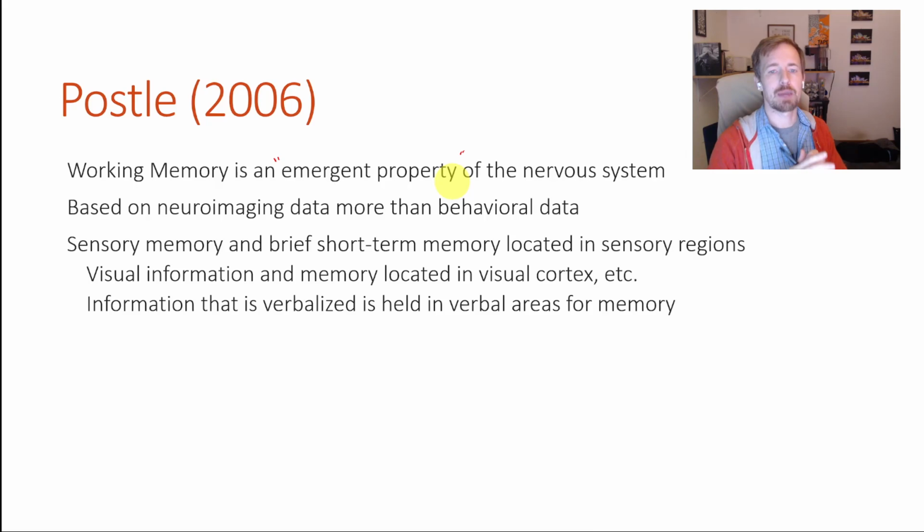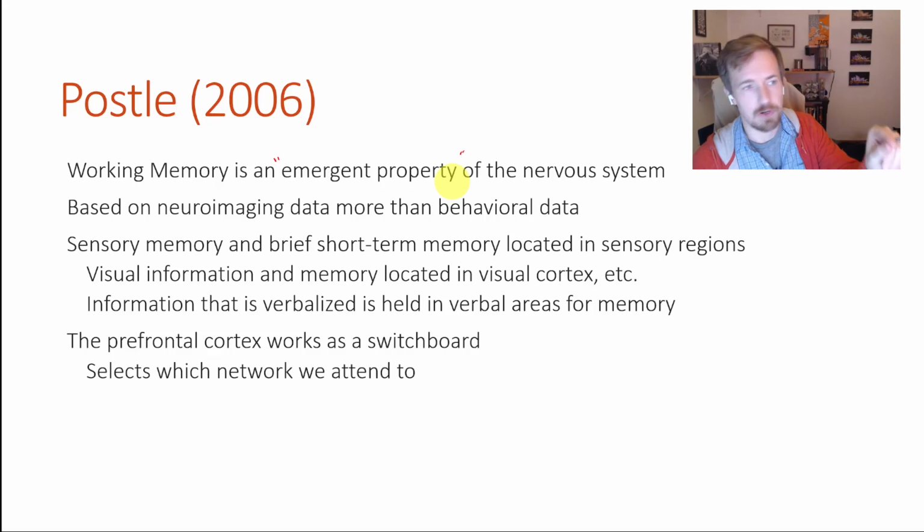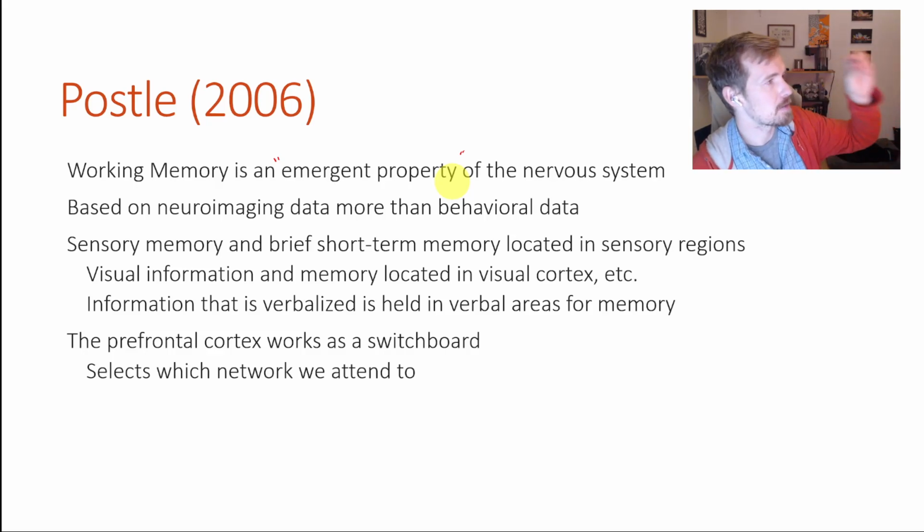So basically we have these small units all throughout the brain that store things, and these can be highly specialized. According to him, we have a working memory for pitch, we have a working memory for color, we have a working memory for faces, we have a working memory for words.